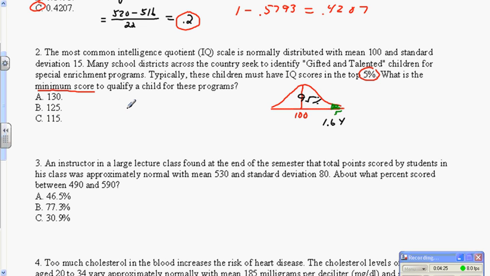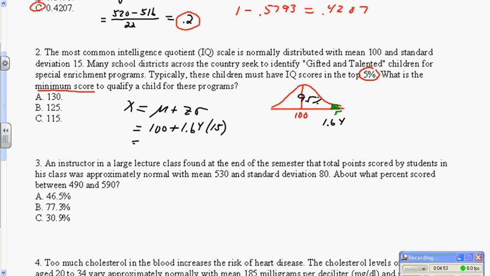Okay, now we're going to use the other equation, which is x equals mu plus z sigma. We have a mean of 100, a z-score of 1.64 times standard deviation, which is 15.